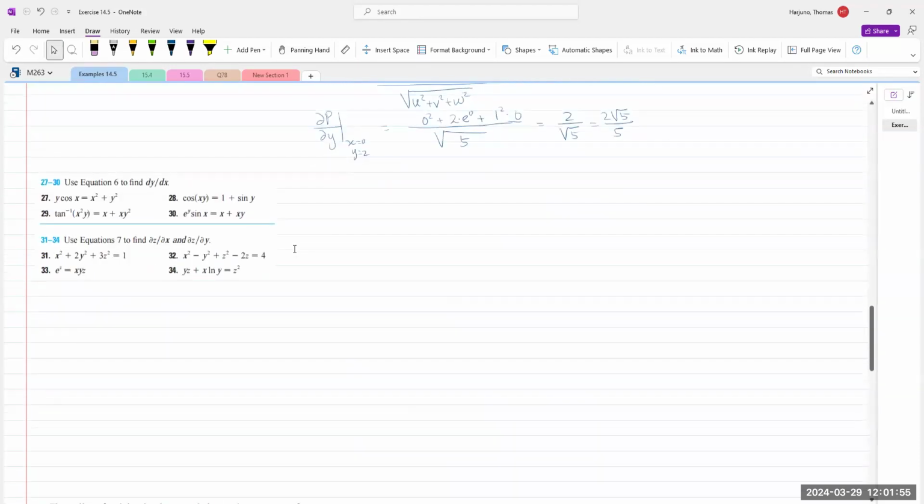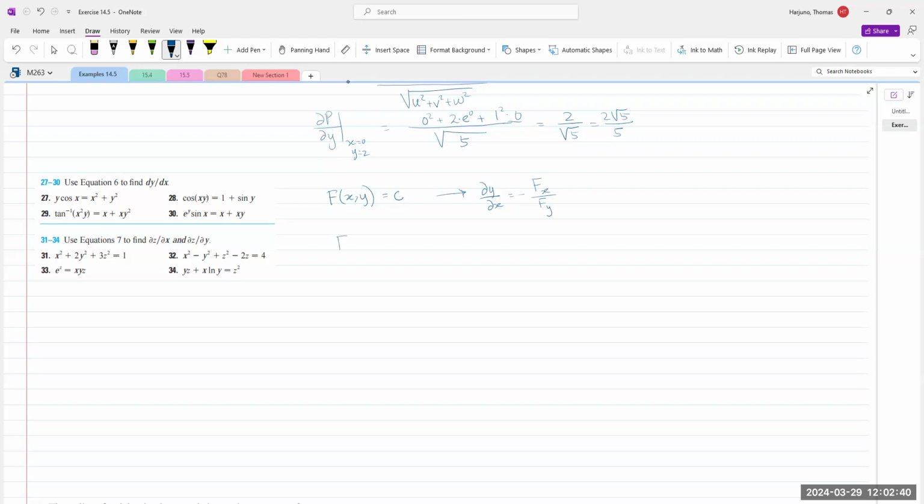Let's go on. Use equation 6 and then use equation 7 to do the derivative or partial derivative. If you remember, equation 6 in this section refers to the implicit differentiation theorem, which basically says that if we have f(x, y) equals a constant, then the partial of y with respect to x is equal to negative f sub x over f sub y.